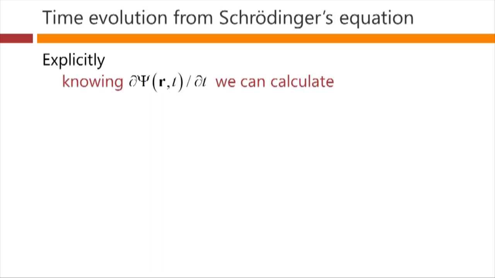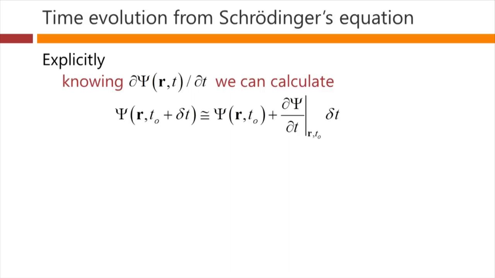Explicitly then, because we knew the wave at every position in space at a given time, we knew the derivative at every position in space at a given time, that's the time derivative, so we can calculate the future wave. For example, at some time, just a small instant of time delta t later on, approximately speaking, the new wave would be the old wave plus the derivative in time at each point in space times this little increment of time delta t.